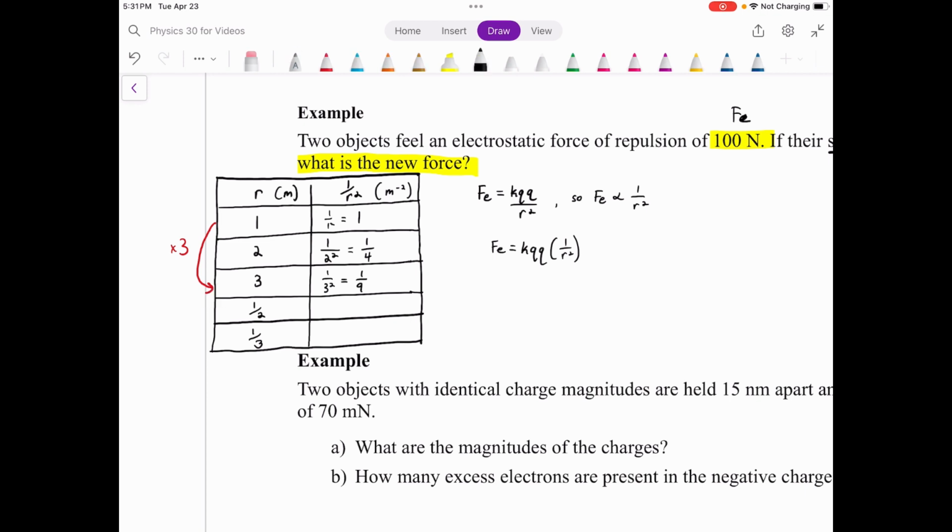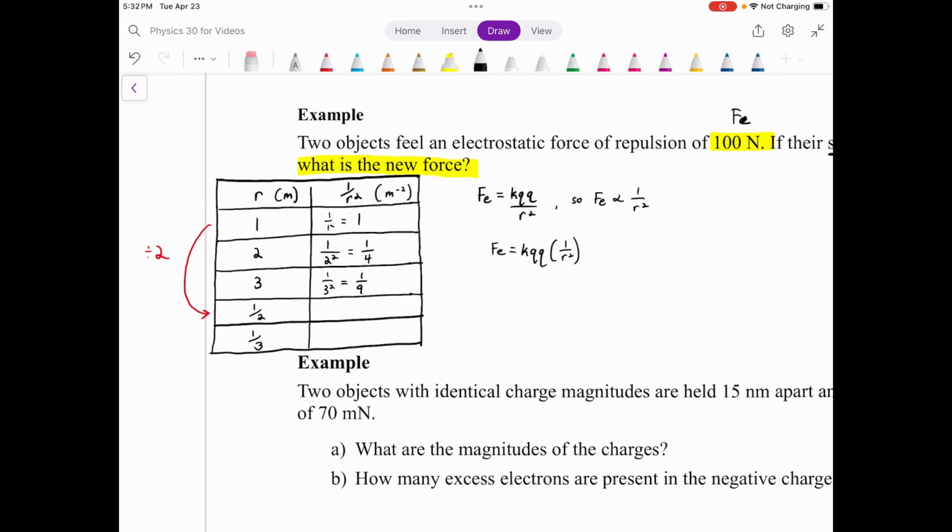Okay, what if we move them closer? So now we go from a distance of 1 meter to a distance of half a meter. In other words, we multiply the distance by 1/2, or you could say we divide the distance by 2. Let's think about that for 1 over r squared. Our r is now half a meter. They're half a meter apart, so 1 over (1/2 meter) squared. Well, 1/2 squared is 1/4.